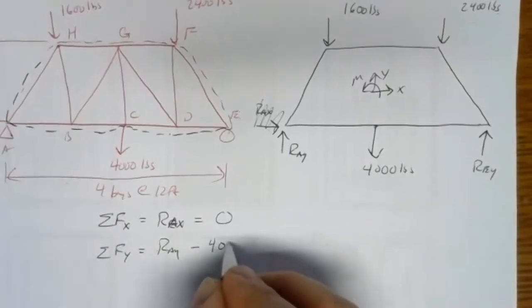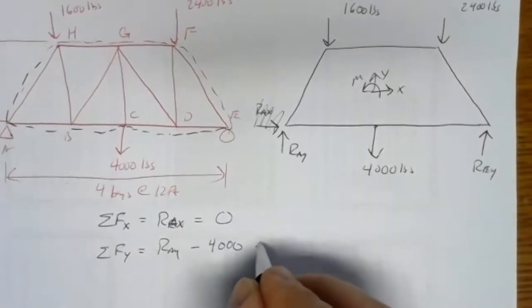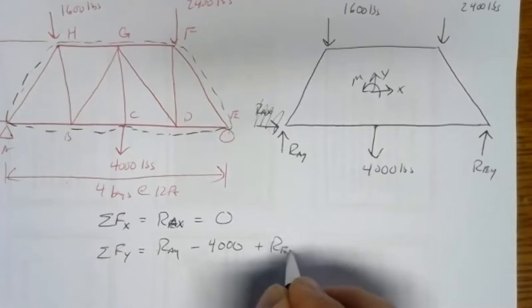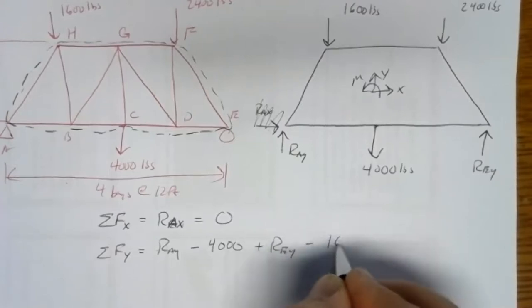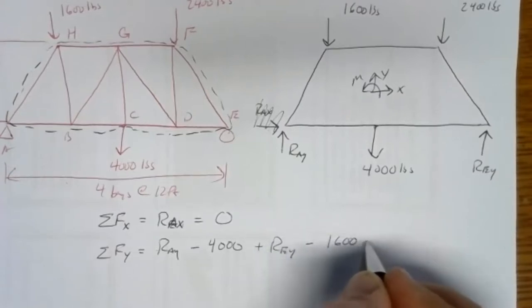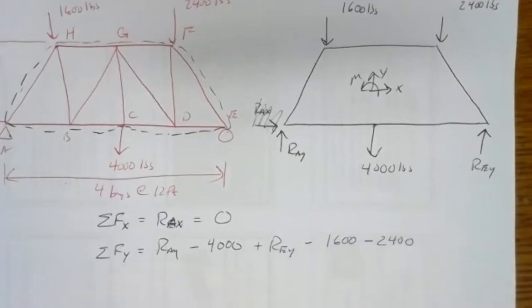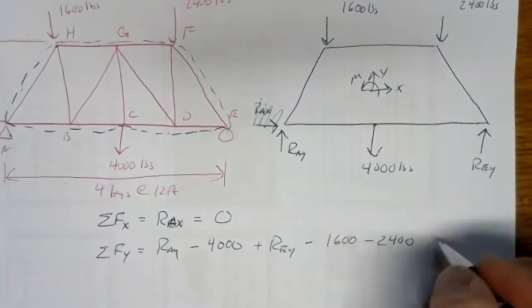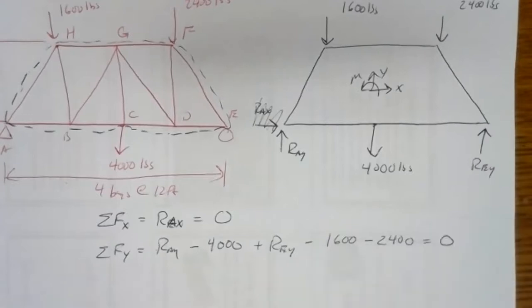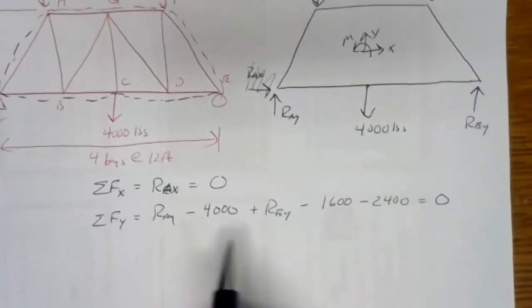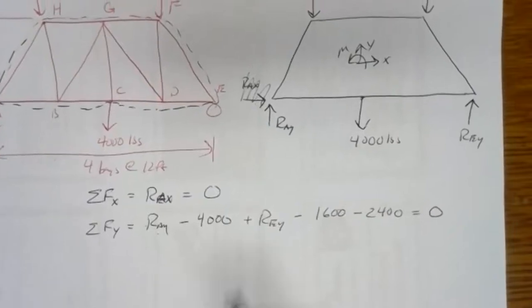We're down 4,000 pounds there. Got a positive REY. We're down 1,600 pounds, and we're down another 2,400. We can't do a whole lot with that just yet, but we can set it equal to 0. We'll come back to that one since we have 2 unknowns.